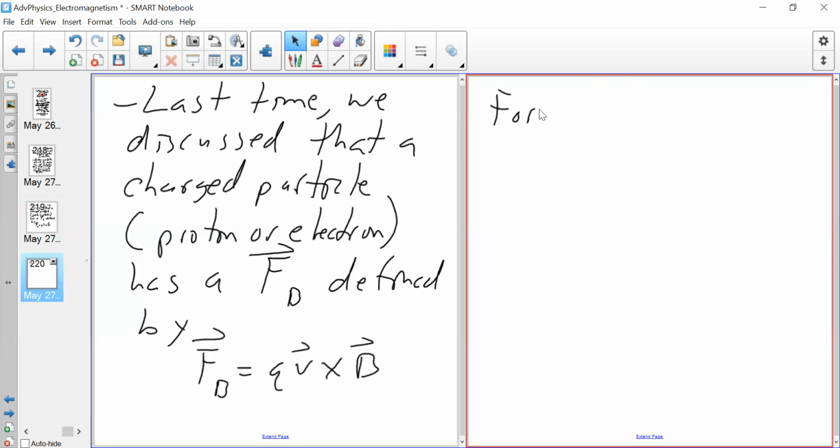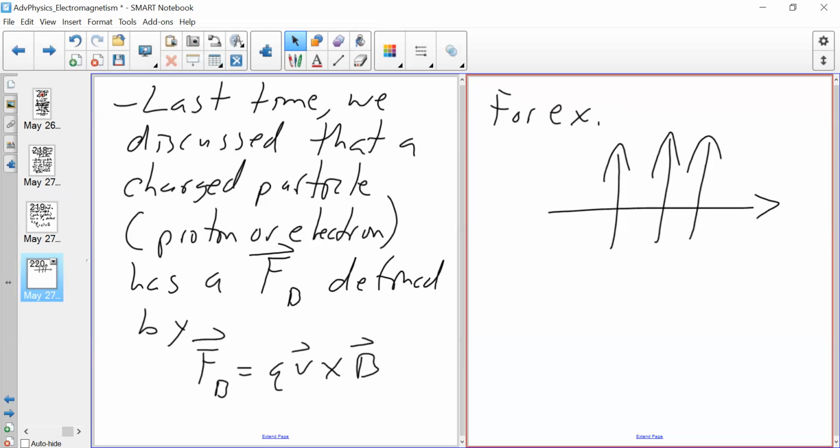So for example, we have magnetic field lines going like this, let's say, and let's say that we have a charge moving to the right at speed v. By the right-hand rule, our fingers will be pointing up, our thumb will be pointing to the right, so our palm is going to be facing out of the page. The direction of the magnetic force will be out of the page.